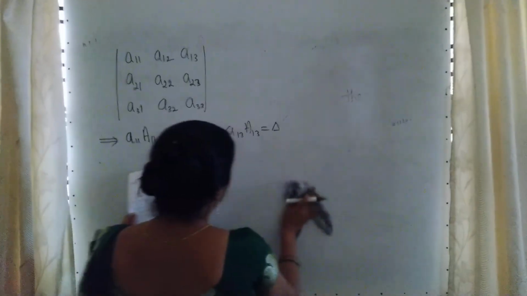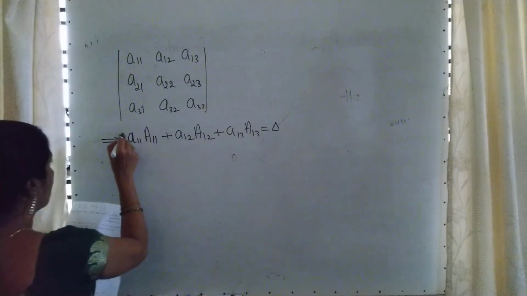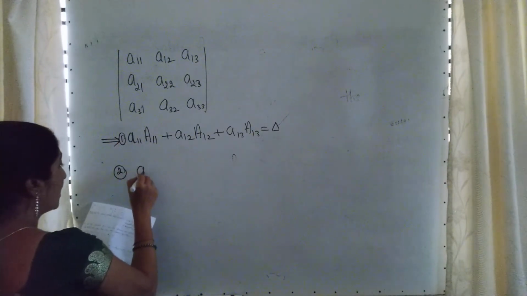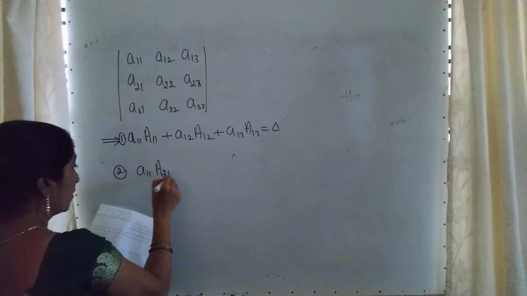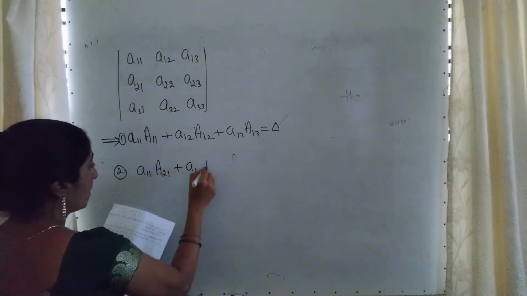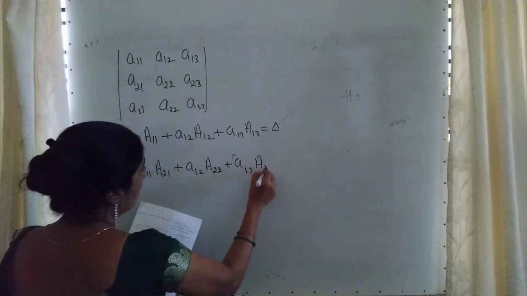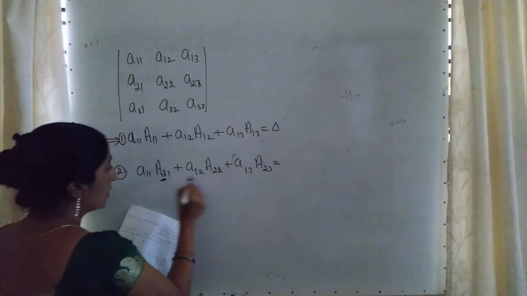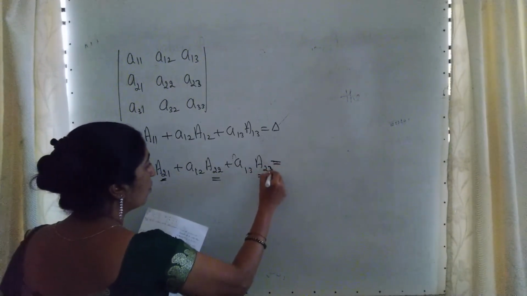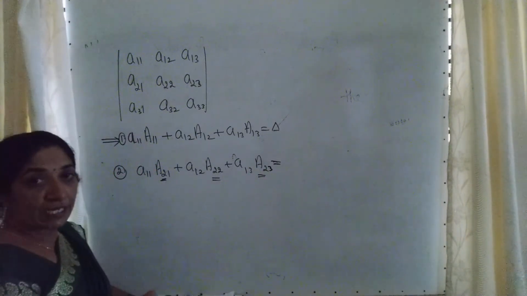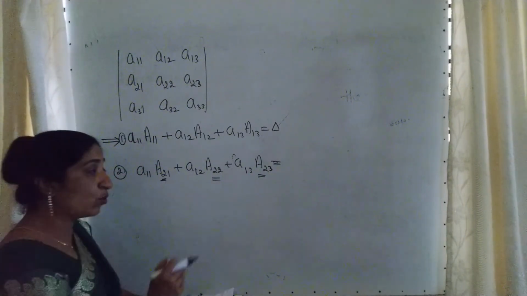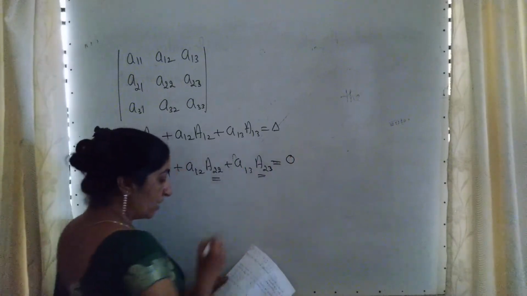Suppose you multiply here, A11 with A21, A12 with A22, A13 with A23. See, these are the cofactors of the second row. If you multiply the elements with the different cofactors, then the value is 0.